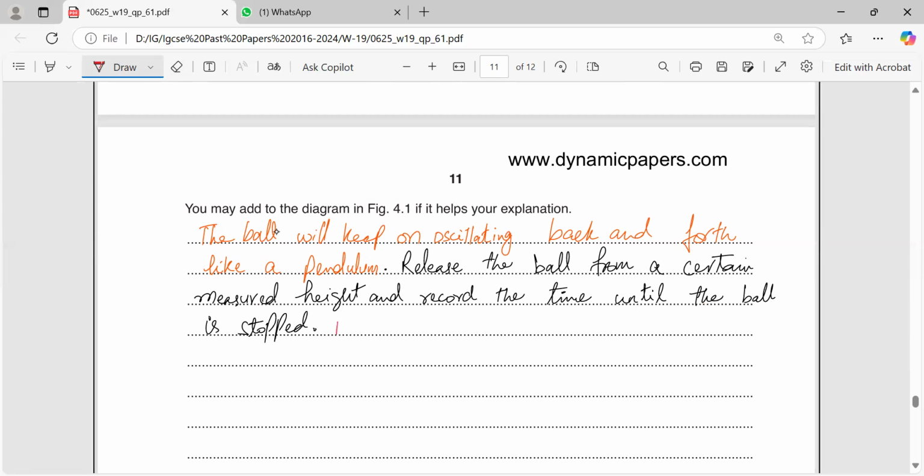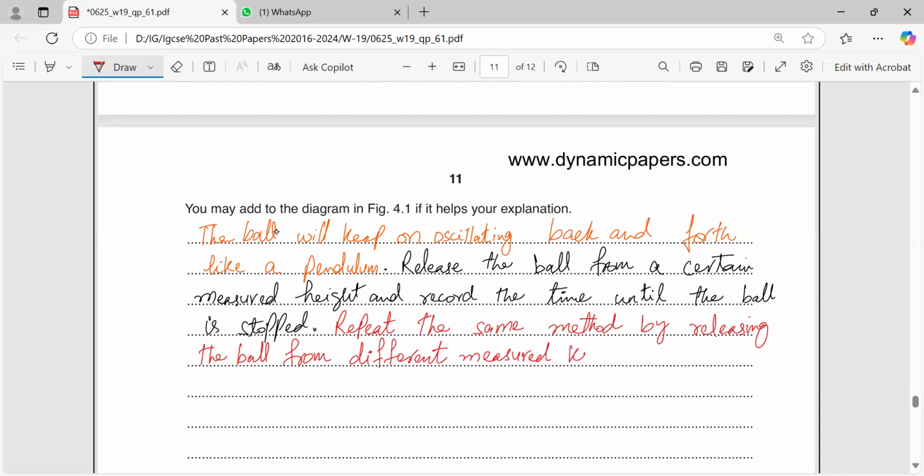So repeat the same method by releasing the ball from different measured heights.